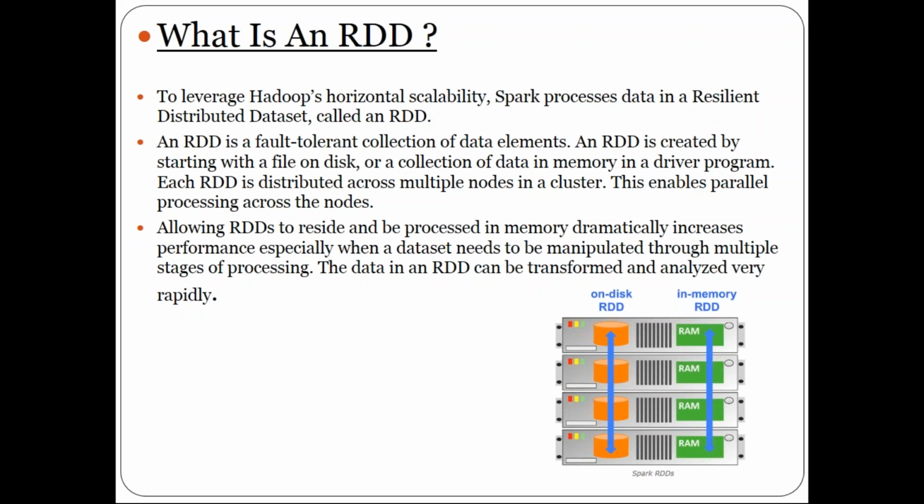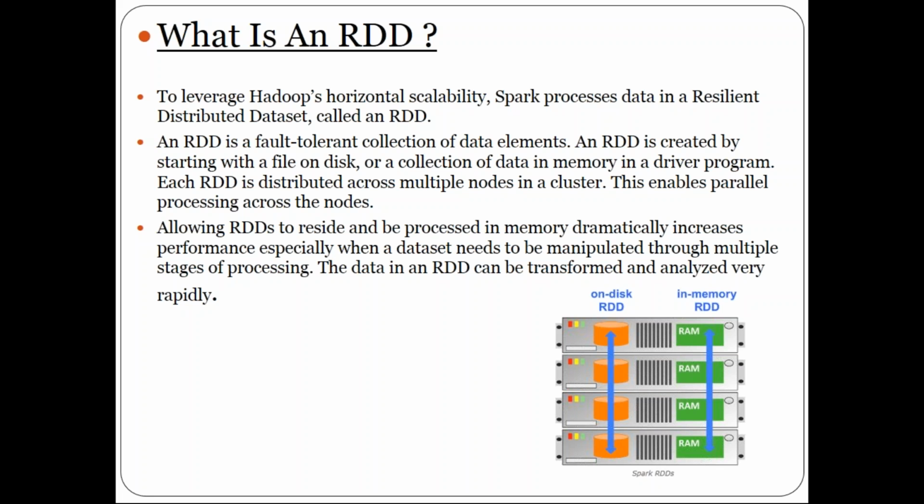Your Spark is implemented on a Hadoop cluster. It can be 10 nodes, 15 nodes, 20 nodes, 30 nodes, it doesn't matter. To leverage the advantage of Hadoop scalability, Spark processes data in a Resilient Distributed Dataset, which is called an RDD. Now, this RDD is a fault-tolerant collection of data elements.